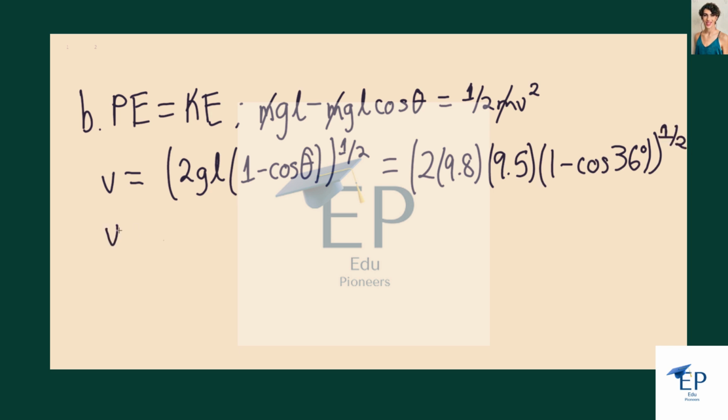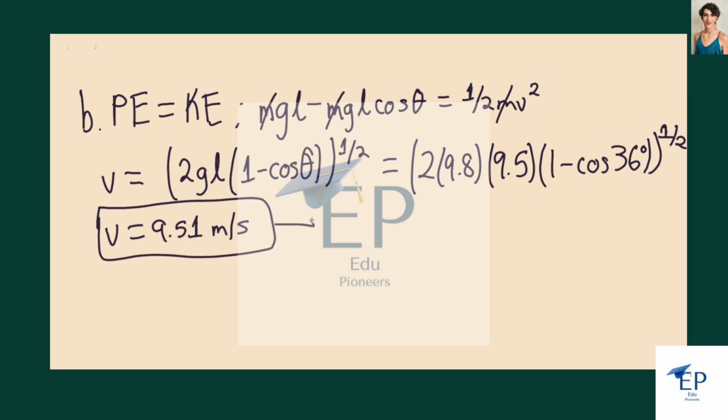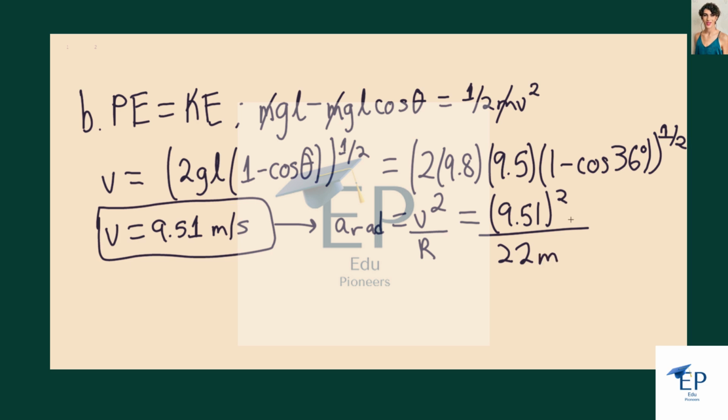And we find that v is equal to 9.51 meters per second. Now, once we have this, we can say, okay, the radial acceleration we know to be v squared over r. So let's solve this. We can say 9.51 squared divided by 22 meters, the radius, and this is equaling 4.11 meters per second squared.